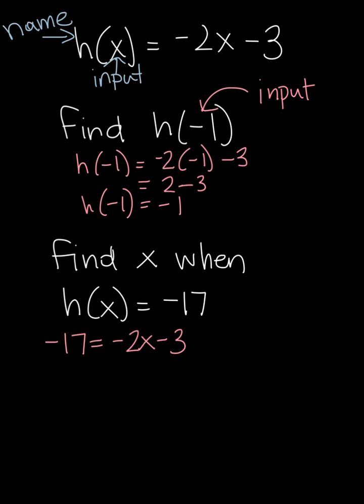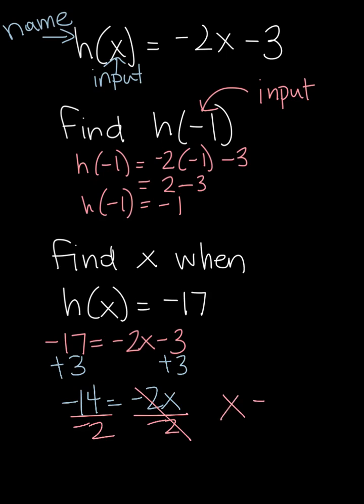We get x by itself. So we'll add 3. Let's see, that'll be -14 equals -2x. And we'll divide away that -2. So x equals negative divided by negative, remember, becomes positive, so that'd be +7.